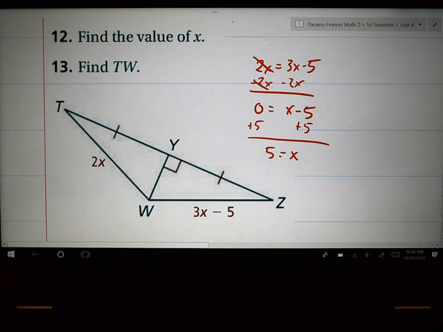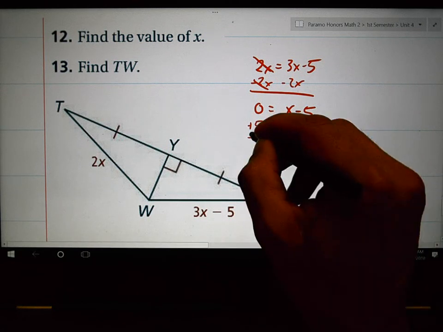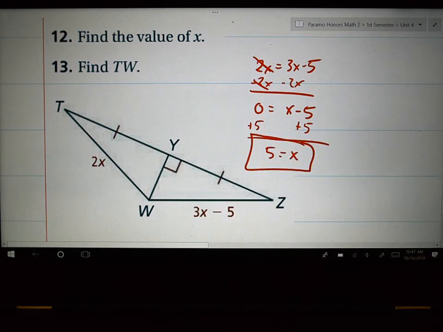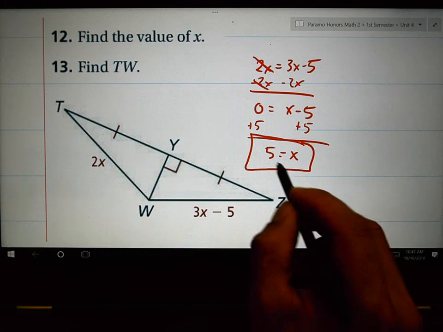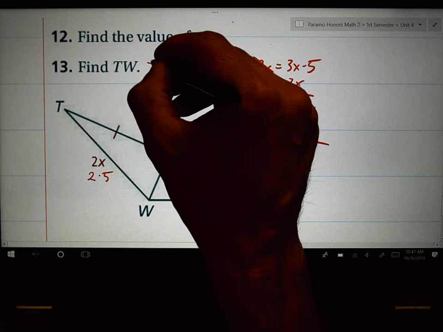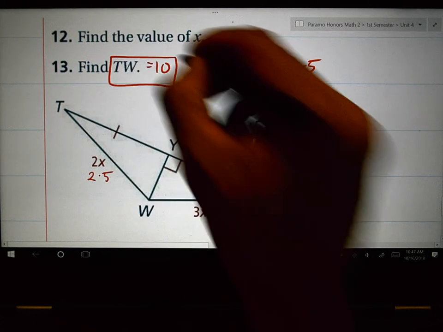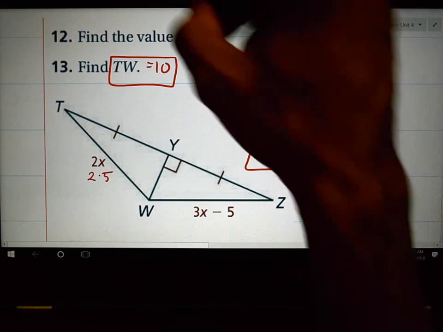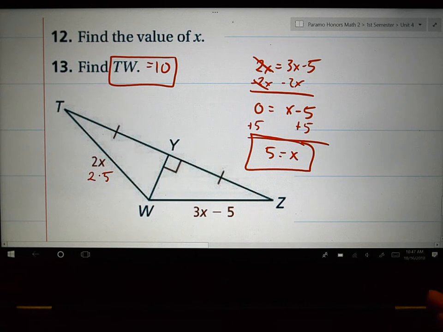I have x is equal to 5. Is that what you got? Okay, so that's our answer for number 12. And number 13 says find TW. You have to plug it back in to figure out what TW is. 2 times 5 is the value of 10. So we now have the answer to 12 and the answer to 13.